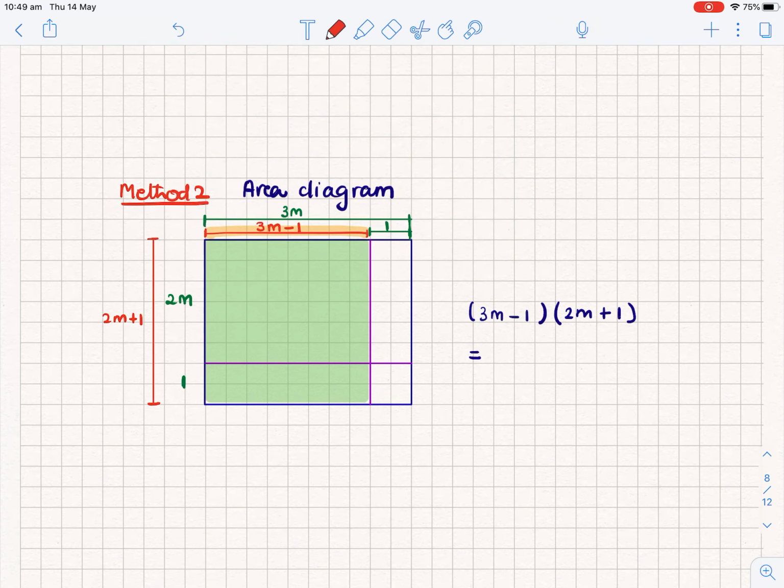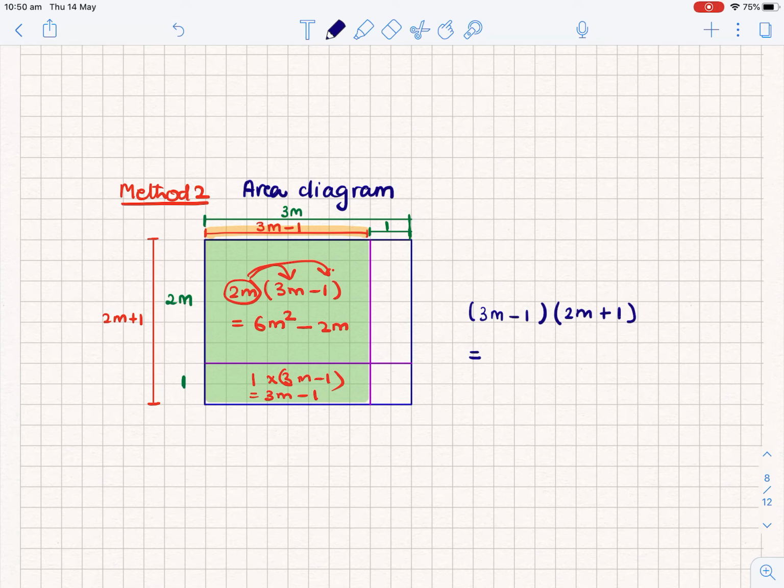So let's find the area. That's 2m times (3m minus 1), which is 6m squared minus 2m. And 1 times (3m minus 1) is 3m minus 1.